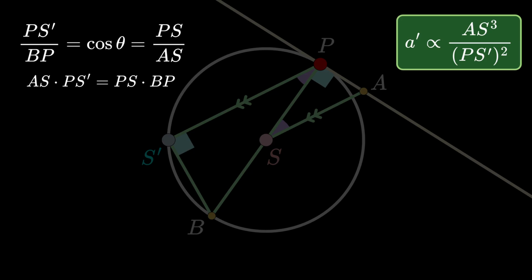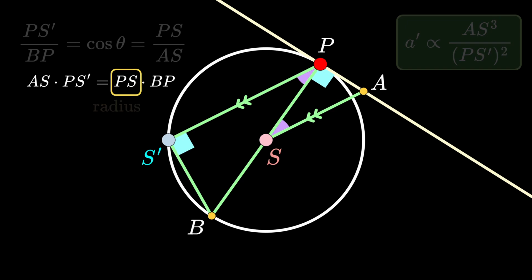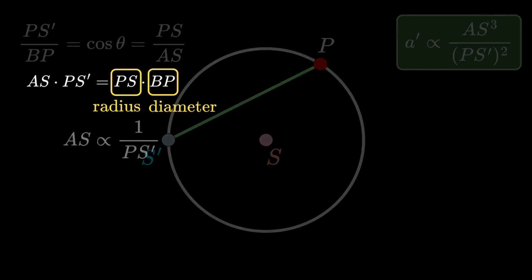But now notice that PS is the radius, something that's constant as the particle traverses this orbit, and BP is the diameter, again constant along the orbit. This allows us to conclude that AS is inversely proportional to PS'.